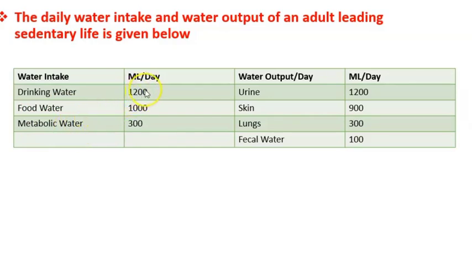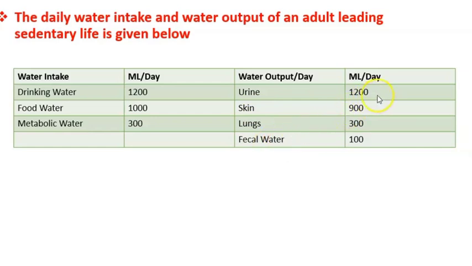So per day you have about 2,500 ml of water, including water generated within the body. And then look at the 3 channels through which water can leave the body: urine, skin and lungs, and fecal water, which is your waste through feces.